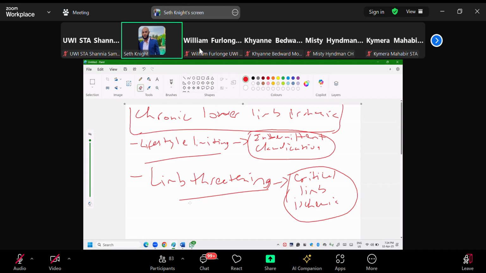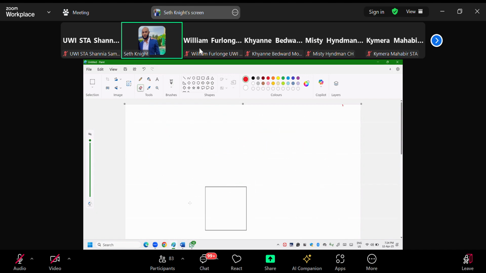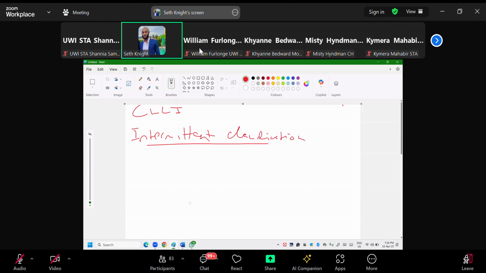All right. So when we're speaking about chronic lower limb ischemia, you have intermittent claudication, and you have to know the definition of intermittent claudication for your exams, especially OSCE. That is reproducible pain on exercise. This word is very important to say.